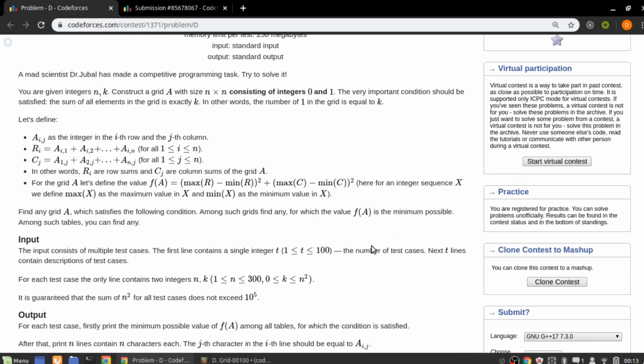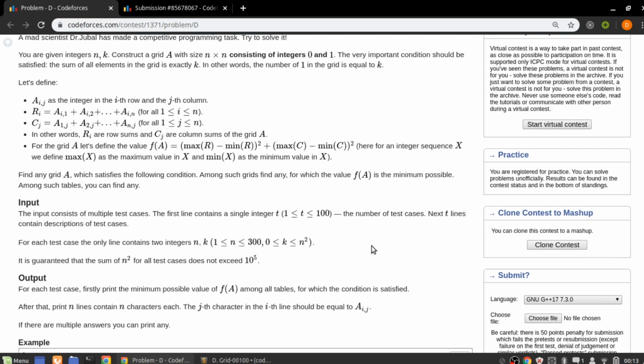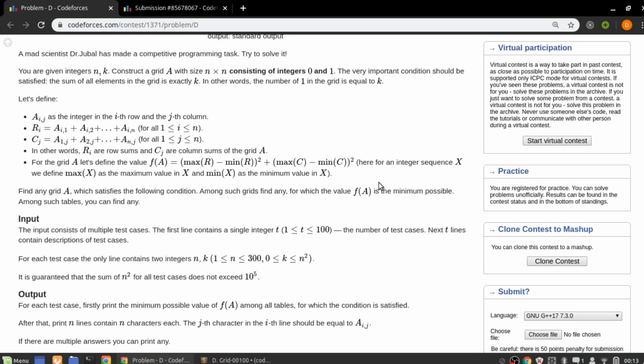Now let's define a few terms. A_ij is the integer in the ith row and the jth column. R_i is a_i1 plus a_i2 plus up to a_in, which means the sum of all the elements in the ith row, and c_j means the sum of all the elements in the jth column. So it indirectly means the number of ones in the ith row and the number of ones in the jth column, because the grid consists only of zeros and ones.